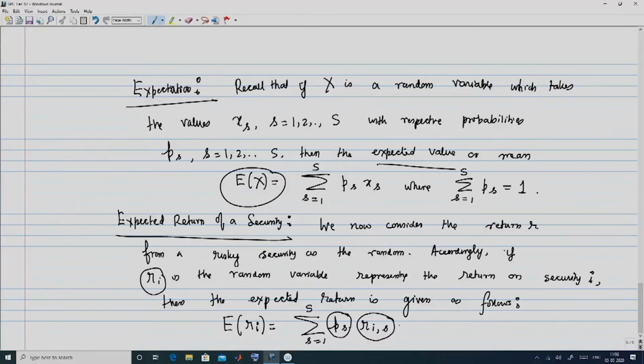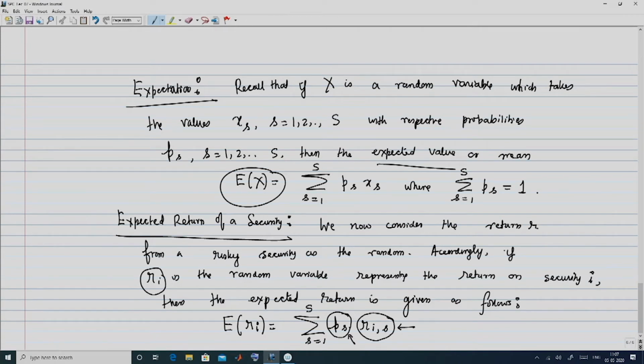This random variable is the return of a stock price, and I am saying that under capital S number of different scenarios, if I choose a generic scenario small s, then Ri will take the value Ri subscript s with the corresponding probability p subscript s.